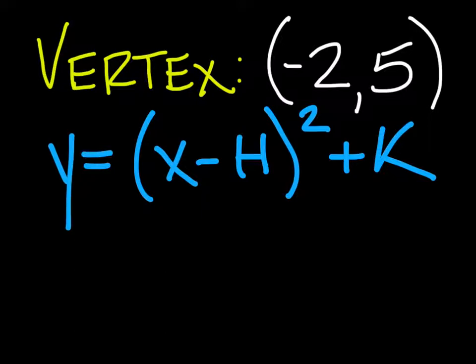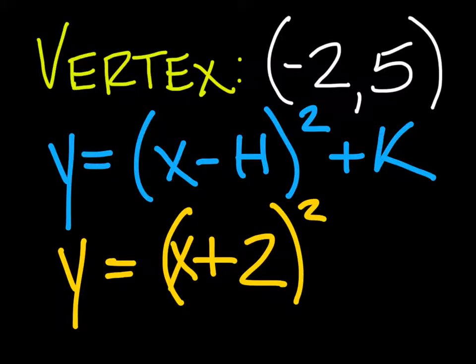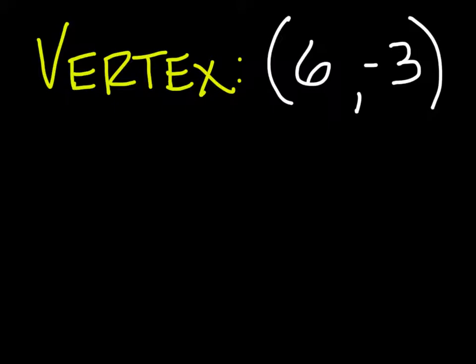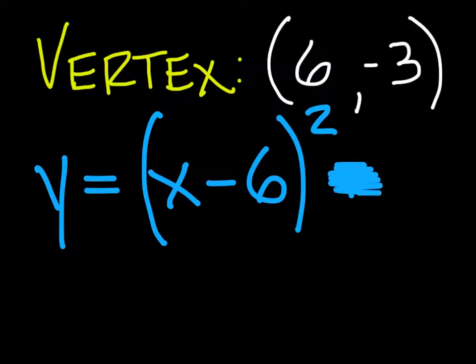So I would have y equals the quantity x plus 2. I left out the squared. And then I would have positive 5 or minus 5? Plus 5, yeah. In this one, I would have y equals quantity squared of x and then what? Minus 6. Close the quantity and then minus 3. For some reason I've started to put a plus, but that is minus 3.